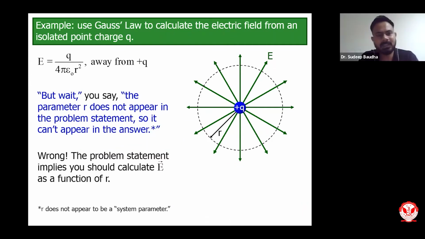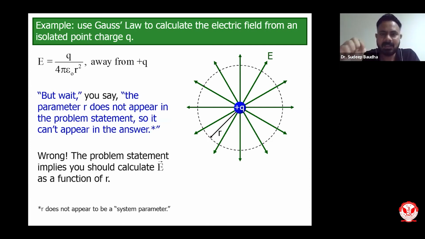And this electric field we have already calculated for a point charge using our fundamental definition of electric field. Electric field is equal to force upon q, if you recall. From there also you can directly calculate. But in this case, we have done the same thing using Gauss law, and we are able to find out the value of electric field because of a point charge at a distance r.